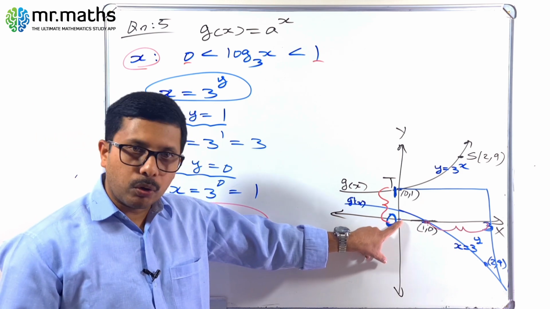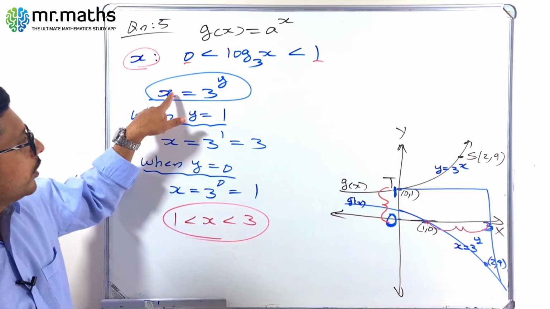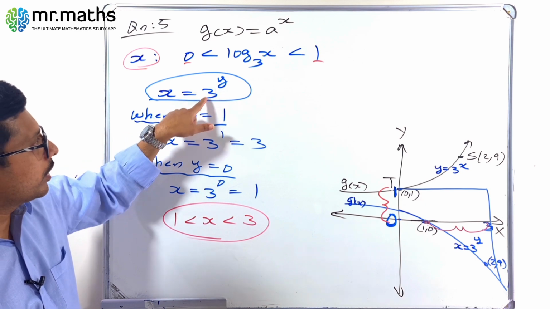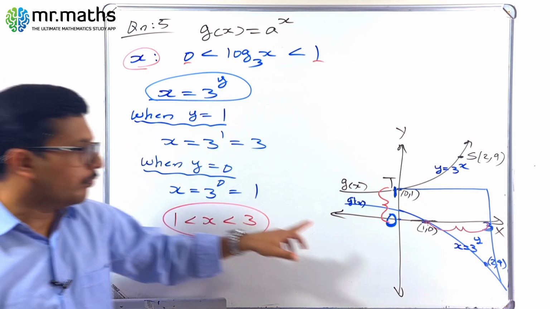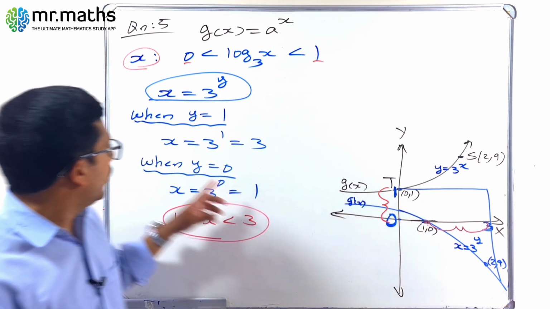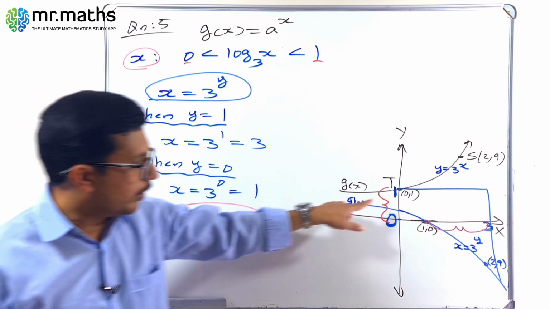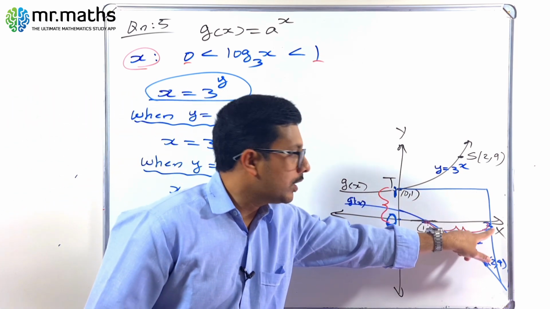Listen once more. When y is 0, we substitute into x equals 3 raised to 0, it is 1. So when y is 0, the x value is 1. Then when y is 1, the x value is 3.